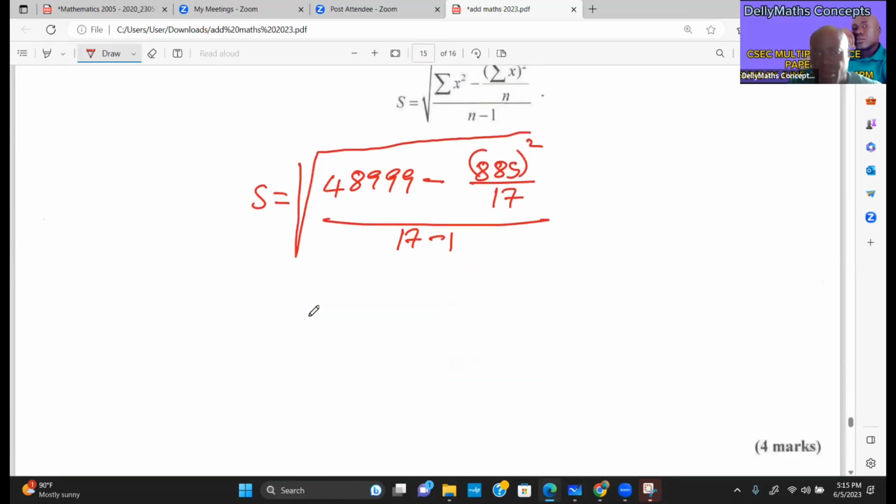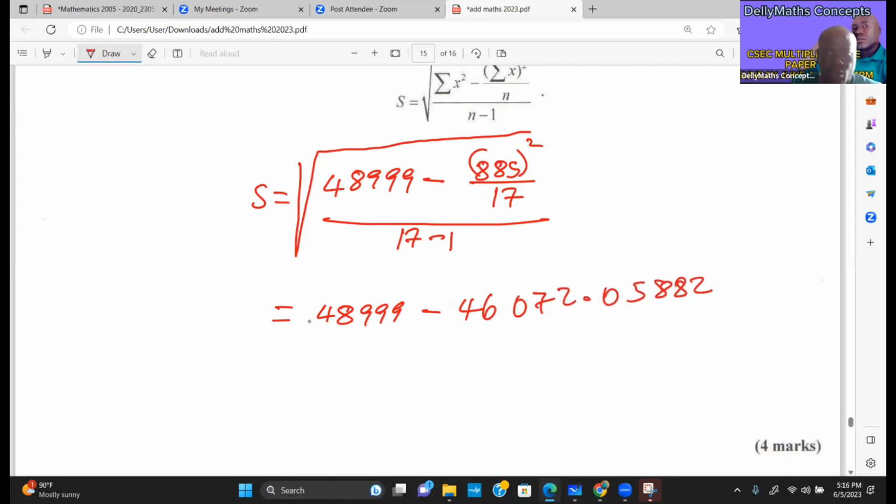So we take our time to work these out. I'm going to work out 885 squared. If I divide that by 17, I'm getting minus 46,072.05882.